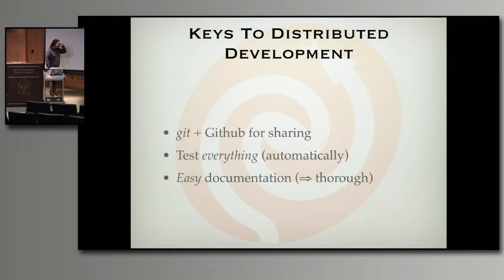So to recap, what I see as being sort of the critical elements of making this community-developed software model work are something like GitHub for actually sharing the code, right? GitHub is not actually the only way to do this. I would argue GitHub pioneered this approach, but there are other options.